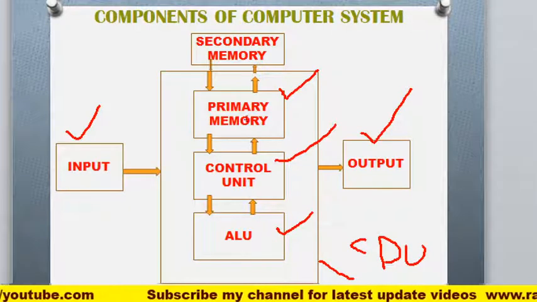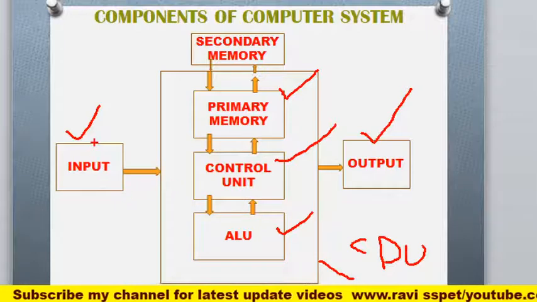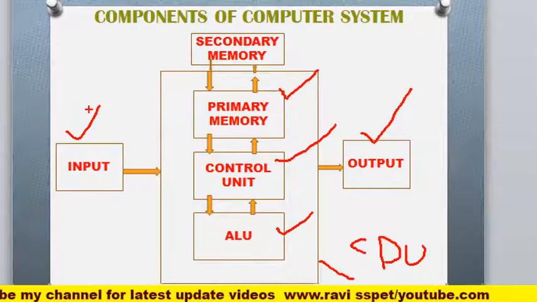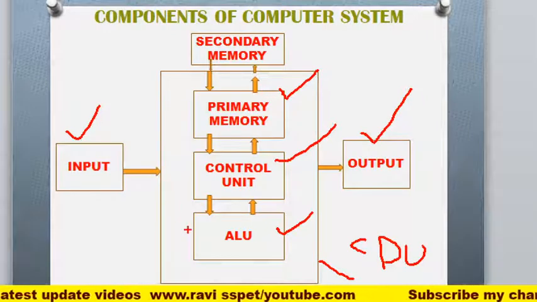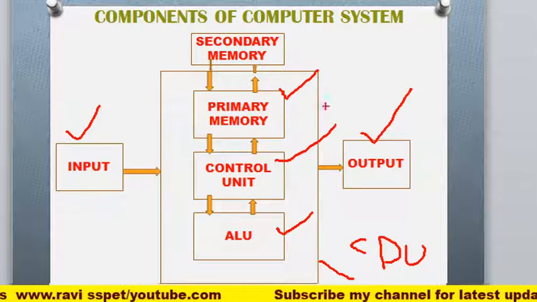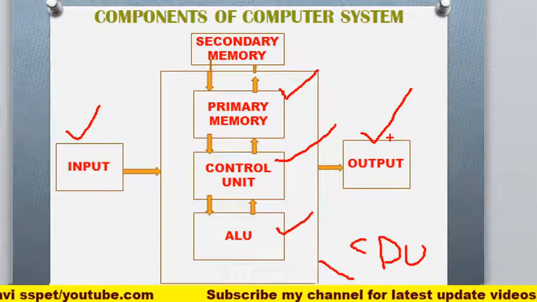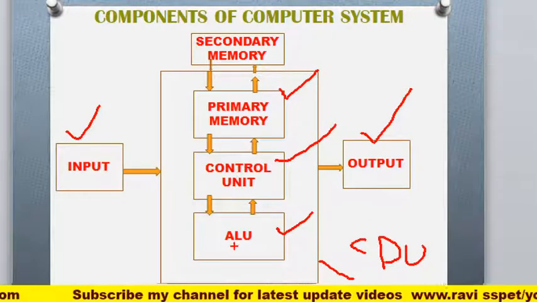So now let us see what happened. Suppose we are giving input to the CPU. That input is processed here and it will come at the output. So here we have primary memory and control unit, ALU.